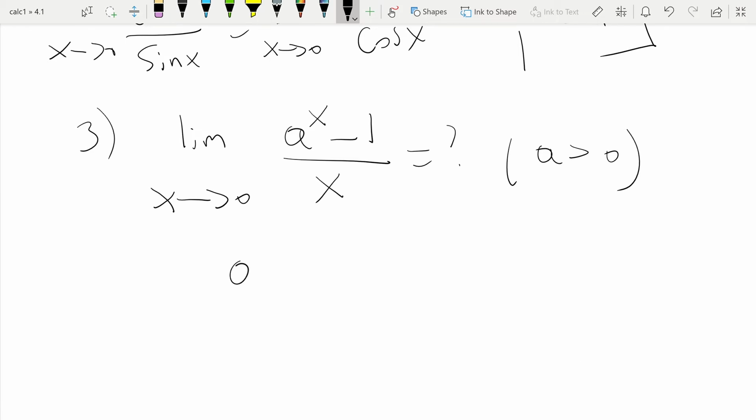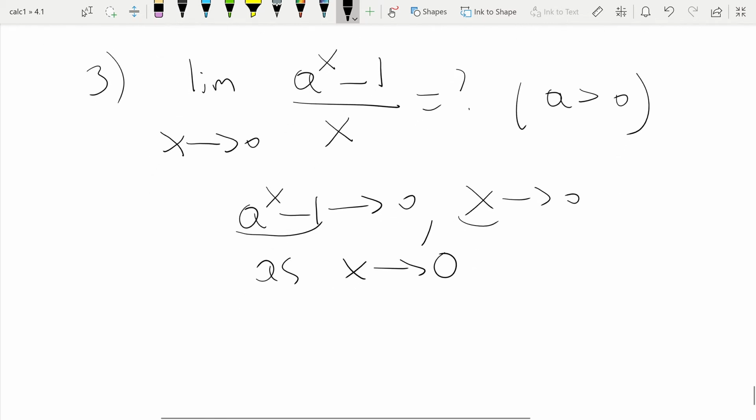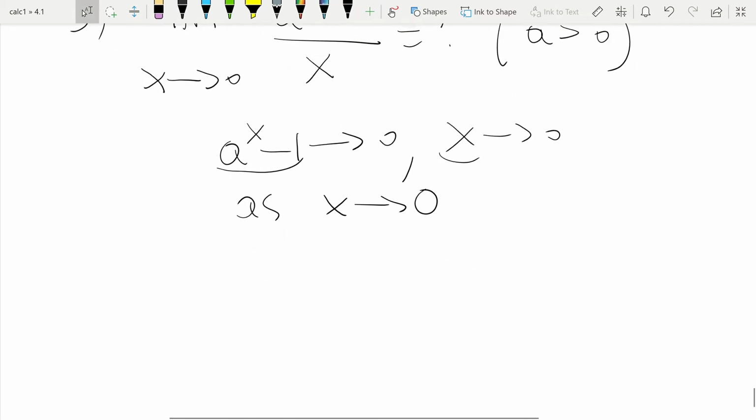Here again, a to the x minus 1 goes to 0 and x goes to 0 when x approaches 0. Okay, a to the 0 is 1, so this quantity here is going to 0, and if x is going to 0, then certainly x is going to 0. So we can apply L'Hopital's rule now.